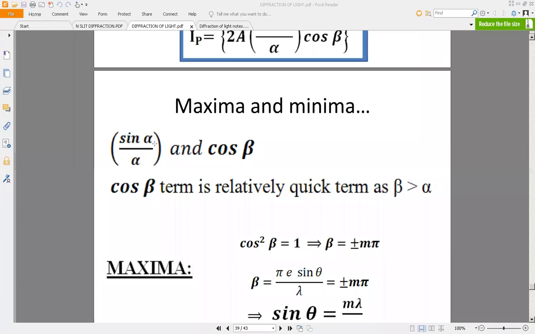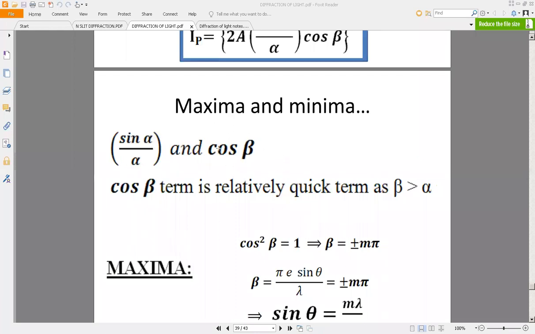I repeat, sin alpha by alpha may be a larger term. But if cos beta goes to 0, the product has to go to 0, even though the first term can be larger. So the minimas here are not just governed by sin alpha by alpha, but rather by the cos beta term. That's why we focus our attention only on cos beta, as we are already aware of sin alpha by alpha.